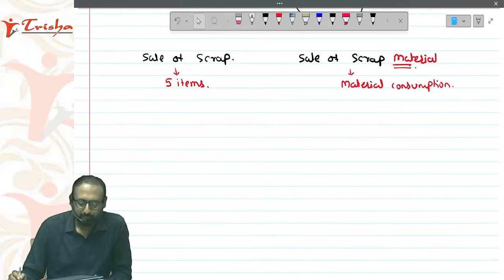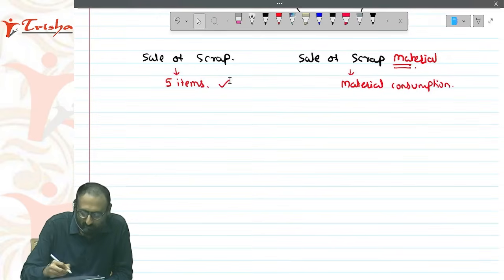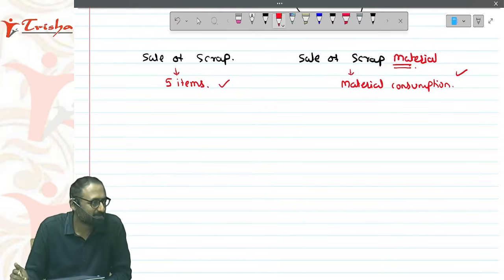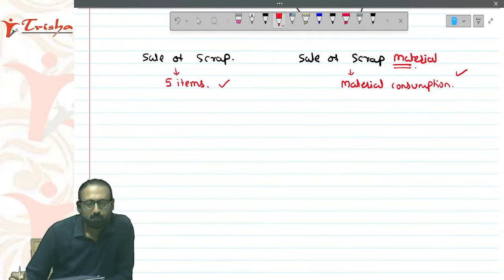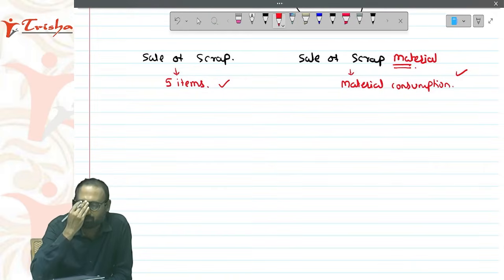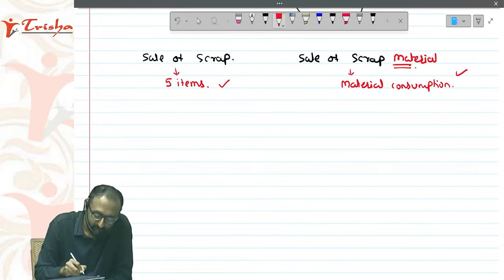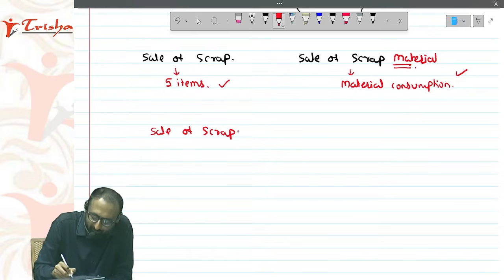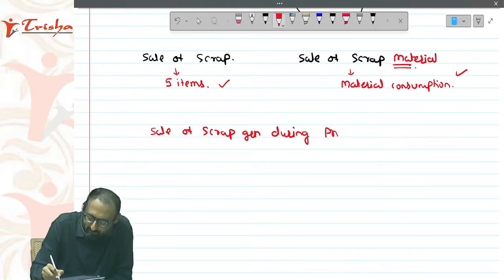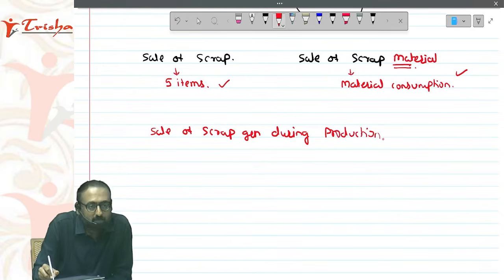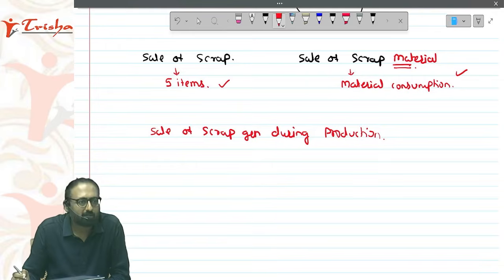Okay. Friends, the institute is really smart. Now students know this adjustment. In a question, the institute will give wording like this: sale of scrap generated during production process.